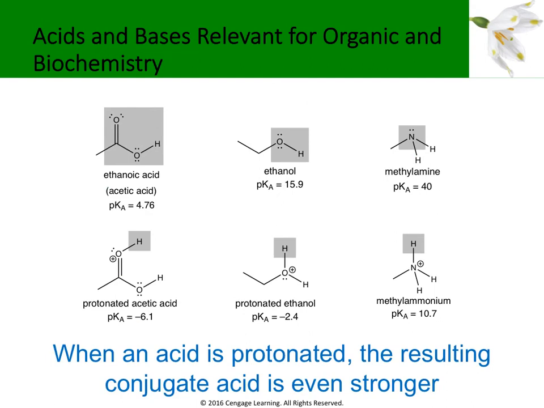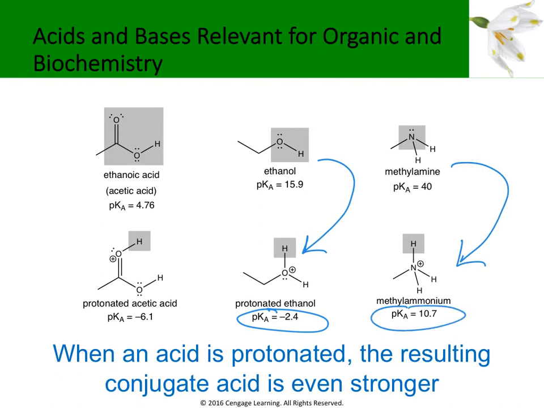When an acid is protonated, the resulting conjugate acid is even stronger. So the conjugate acid of ethanol, look how much stronger of an acid it is. Its pKa is minus 2.4. When you get the conjugate acid of an amine, its pKa is much smaller than the starting pKa.